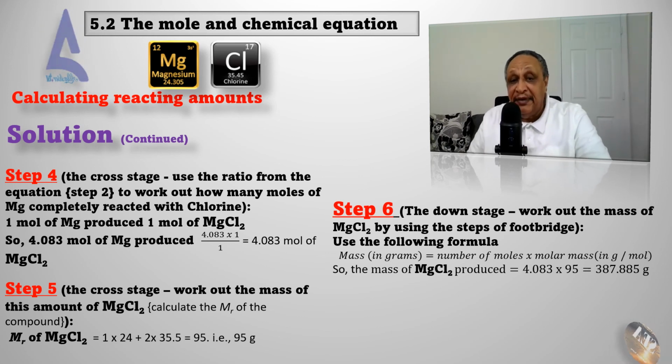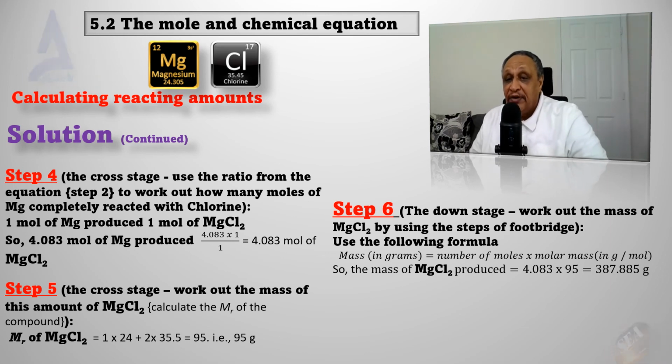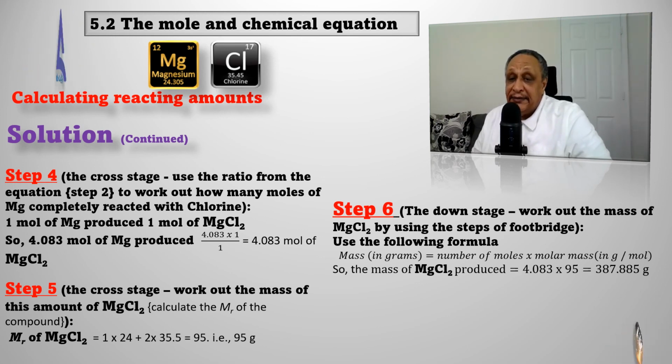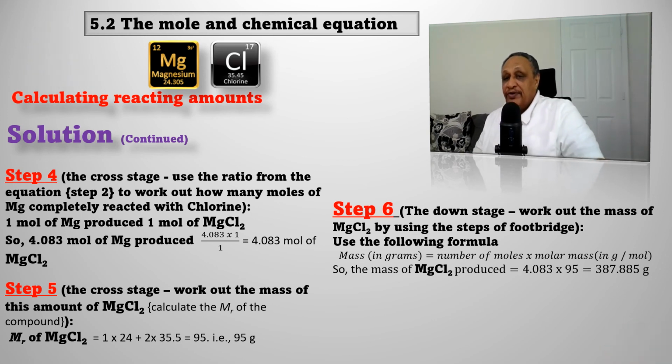And then mass in grams equals number of moles multiplied by molar mass. So the mass of magnesium chloride produced equals 4.083 multiplied by 95, which is 387.885 grams, almost 388 grams.